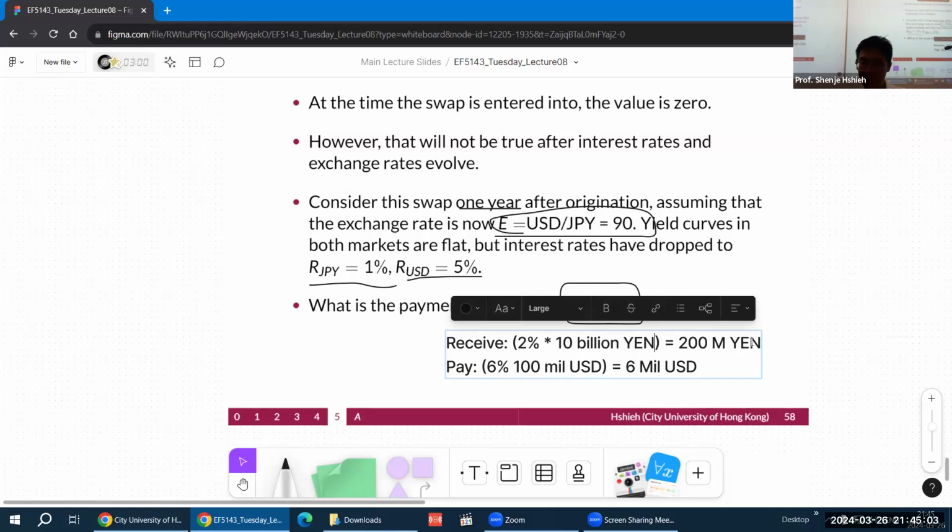So let me write JPY to be consistent here. So that's the end of 1 year. Interest rates haven't changed. Exchange rate hasn't changed. And so it's still the same. If you want to convert this to yen, it's possible, that's fine too. Nothing has changed. E times 6 million.